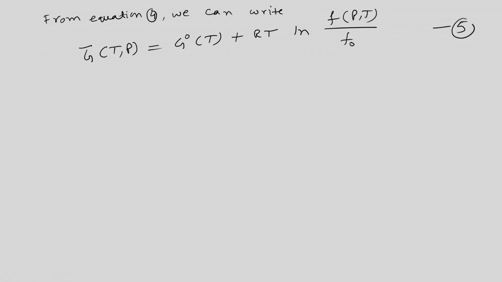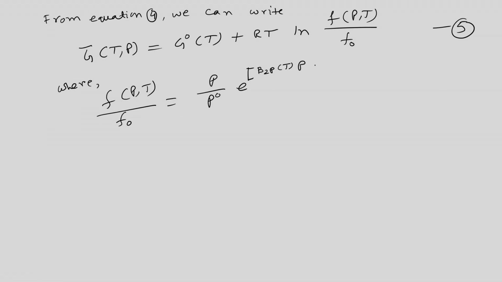This is equation 5. So, what is f(P,T) and f naught? Where f(P,T) by f naught is nothing but P by P naught, then e to the, like this.